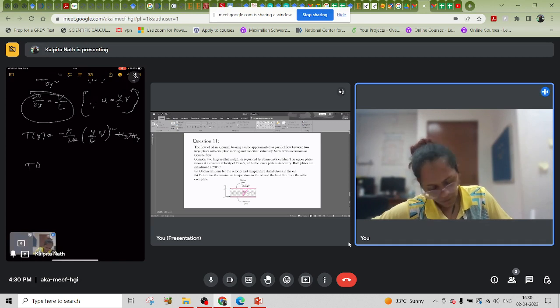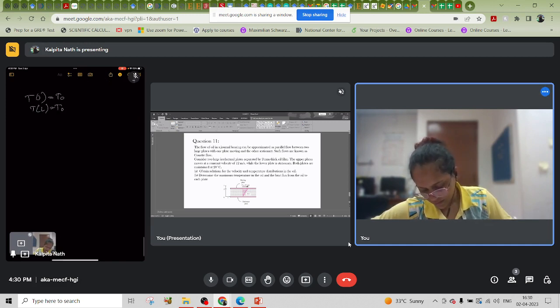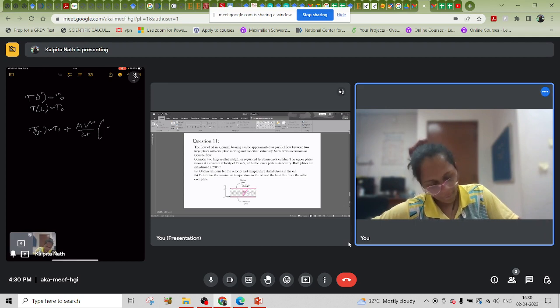Now, the boundary conditions for temperature are T at 0 is T0 and T at L is equal to T0. This gives the temperature distribution T of y is equal to T0 plus mu V square by 2k times y by L minus y square by L square.